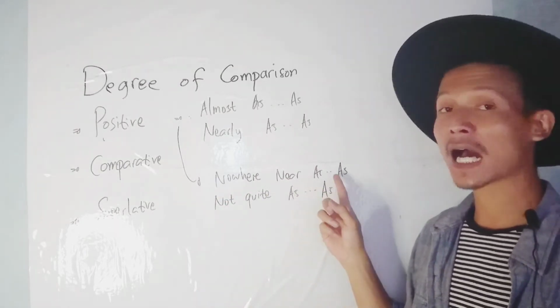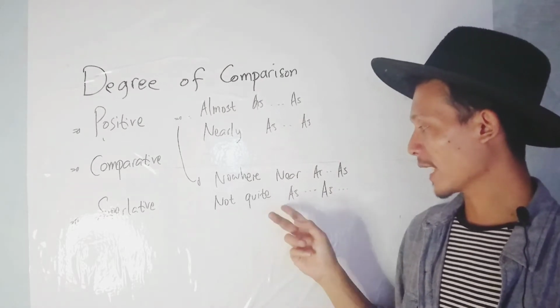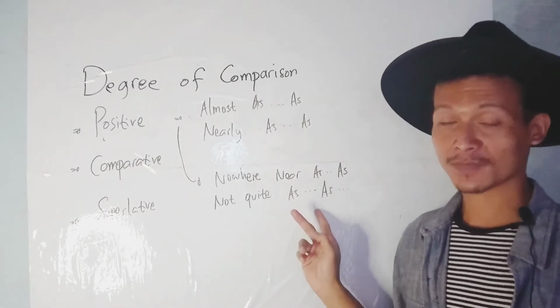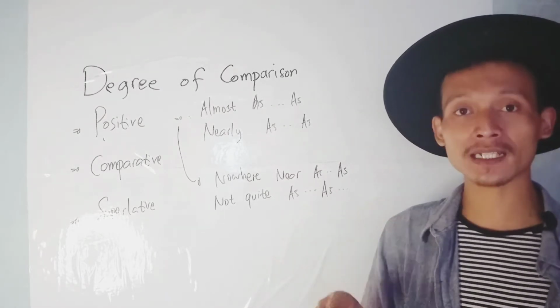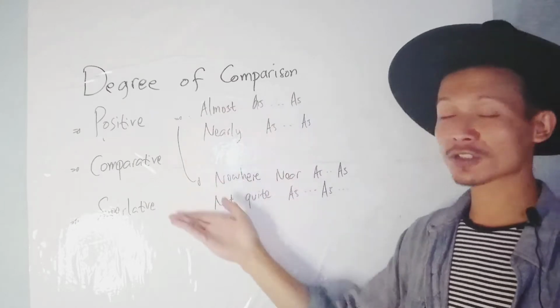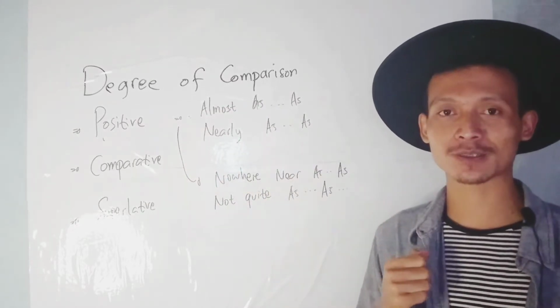Nowhere near as high as. Not quite as, okay? Jadi tidak sekedar as, or not as. Now you can use this concept. And the example, you can check this out.